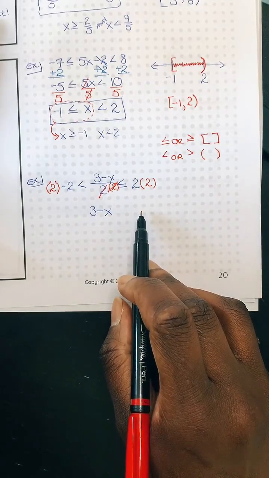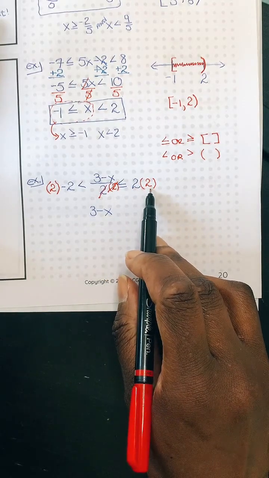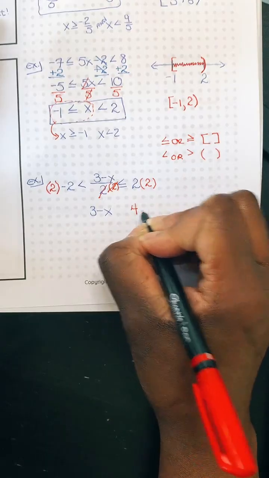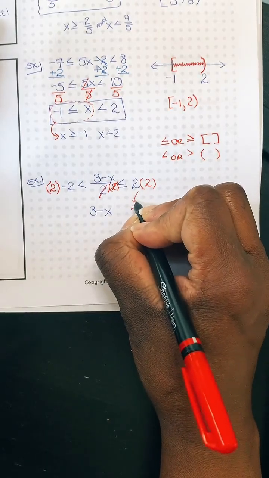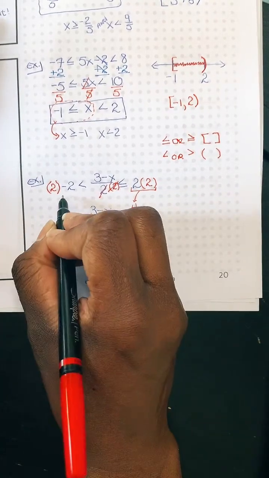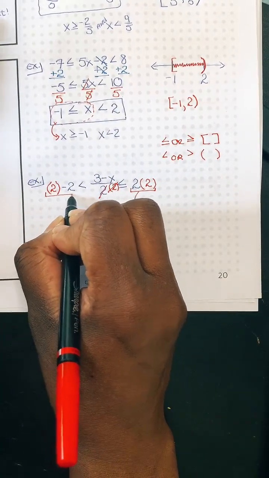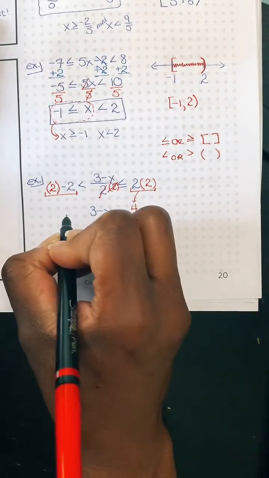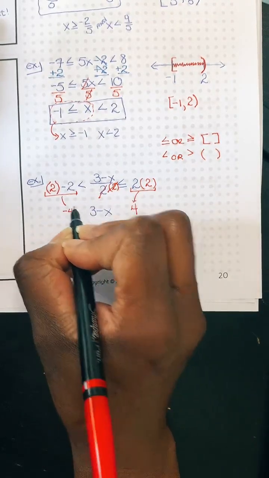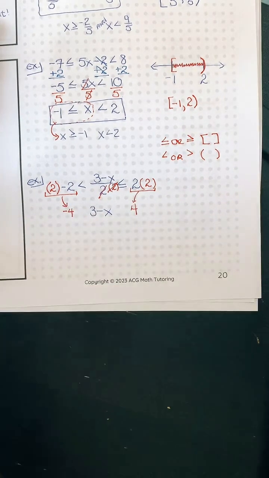But over here, I have 2 times 2, which gives me 4. This came from here. Then over here, I have 2 times negative 2. That gives me negative 4. That's where that came from.